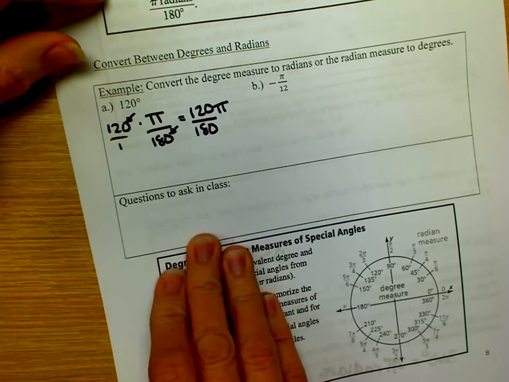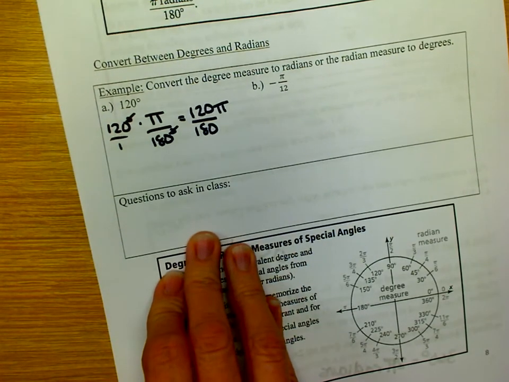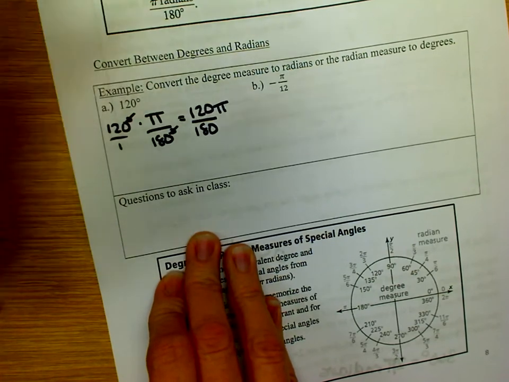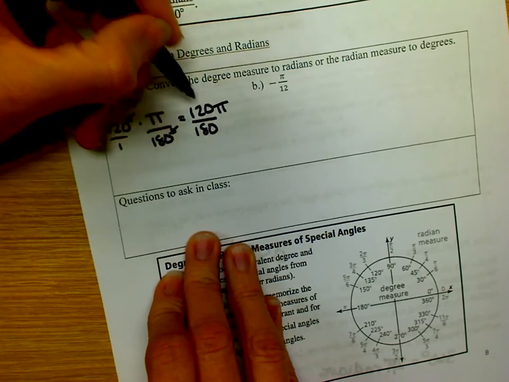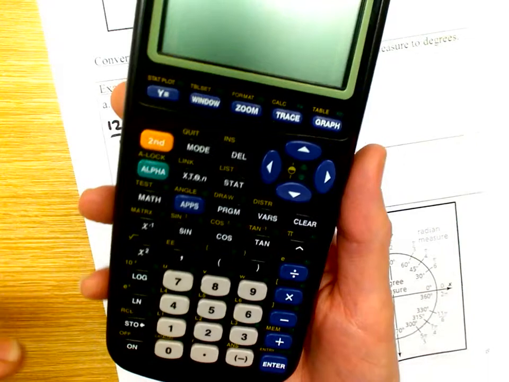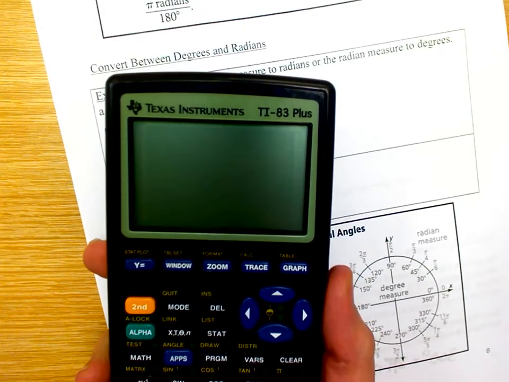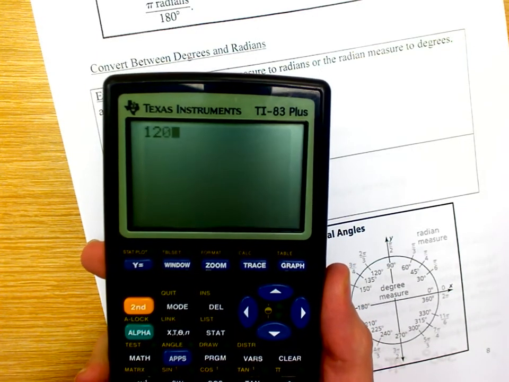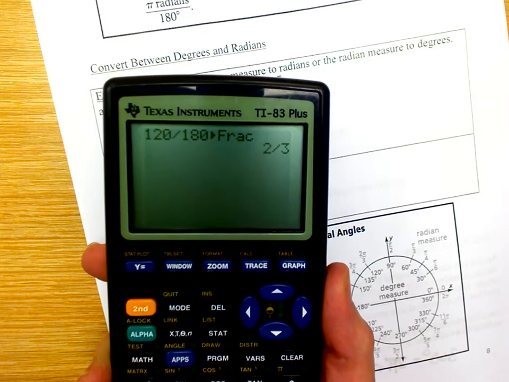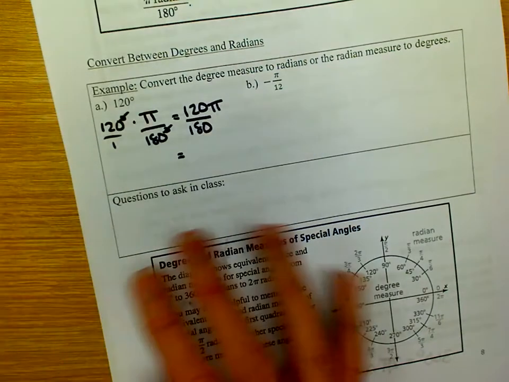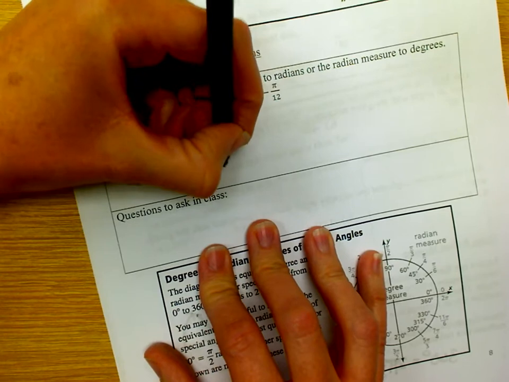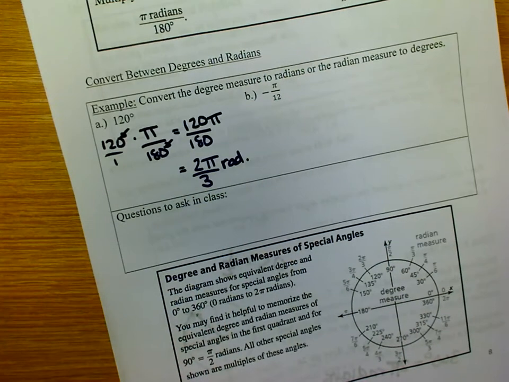Take the fraction part, not the pi, and see if it will reduce. 120 divided by 180, reduced, gives you 2 over 3. The reduced answer is 2 pi over 3 radians.